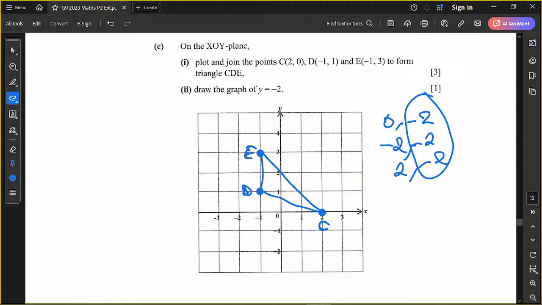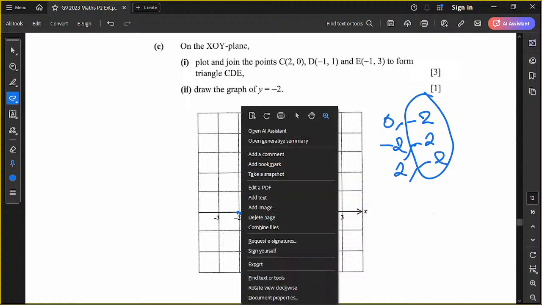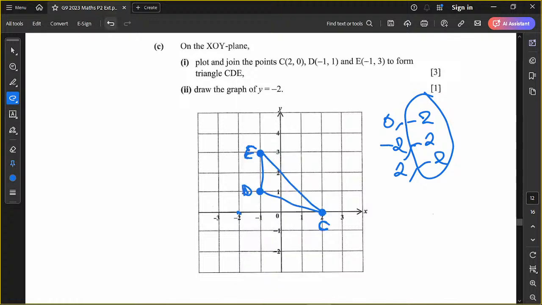So we have (0, -2), which means the point is going to be here. Then (-2, -2), and (2, -2).